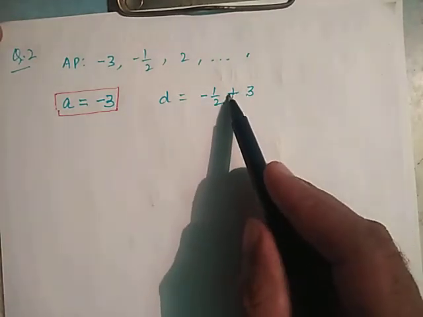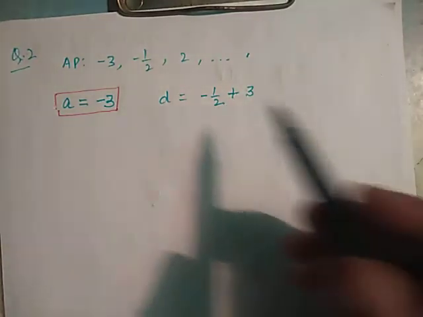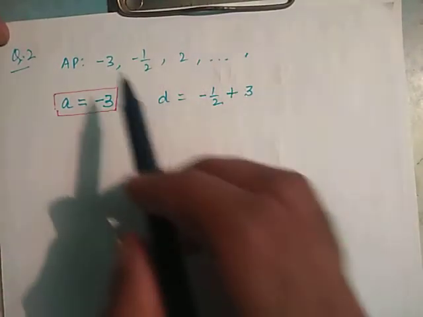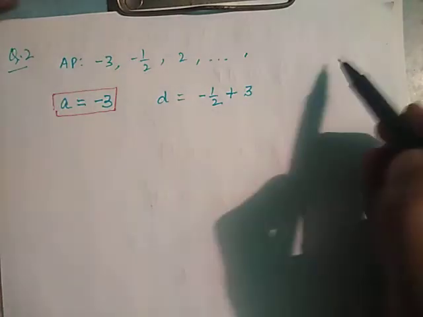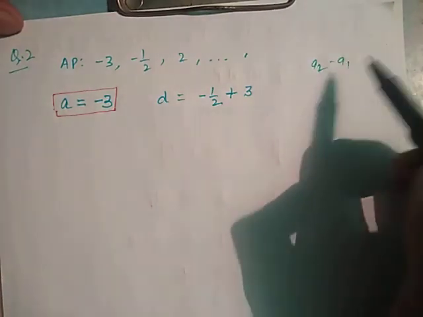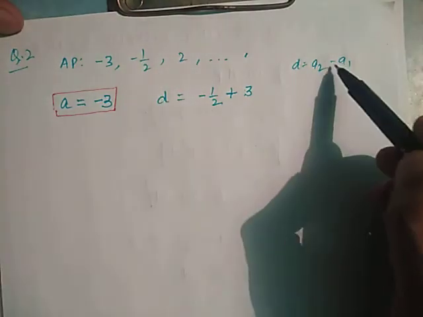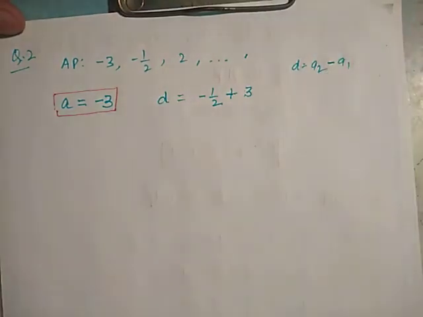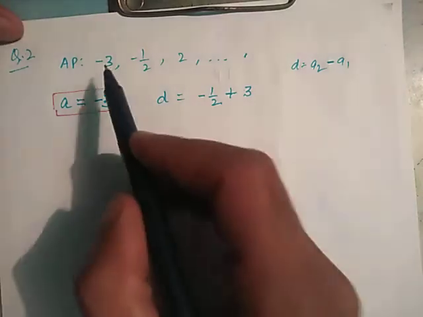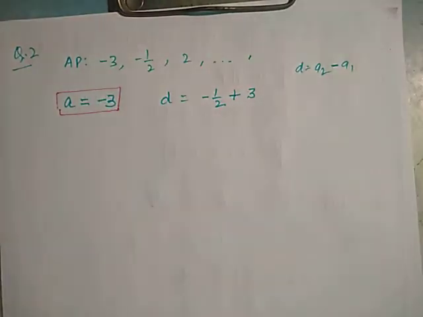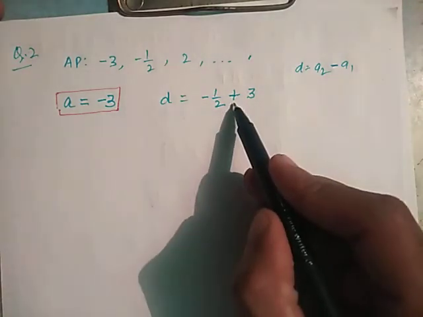You have to pay attention here to why I put the sign of plus: the formula is A2 minus A1 to find the common difference, but A2 is here -1/2 and there is a minus in the formula, and this one term is again negative, so this negative and this negative will be positive, so I put here the sign plus.